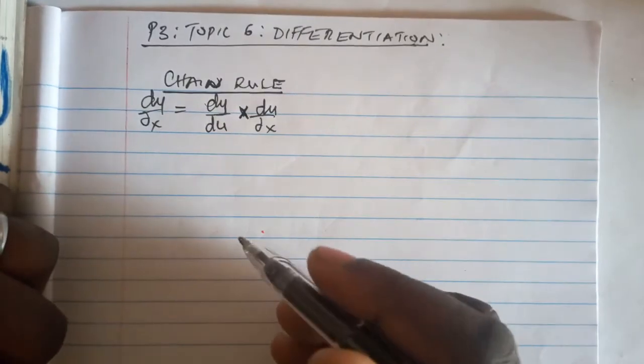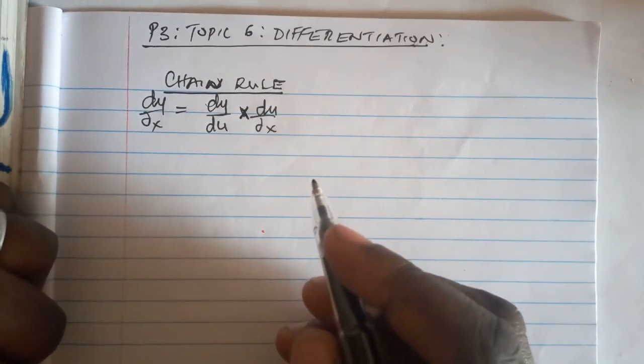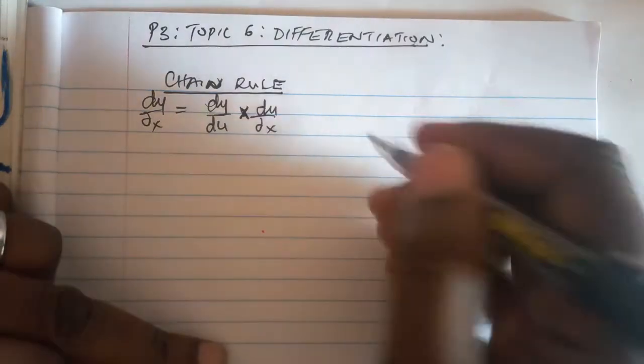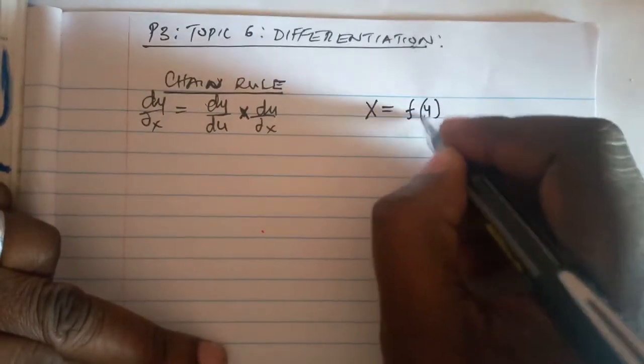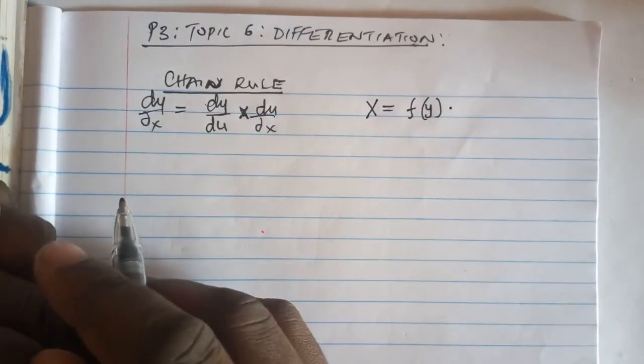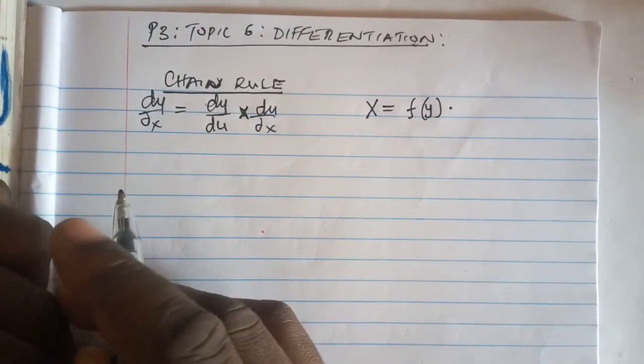But sometimes you will get expressions which are in terms of x equals a function of y. How do you deal with such a function?